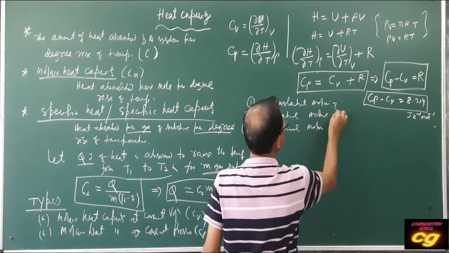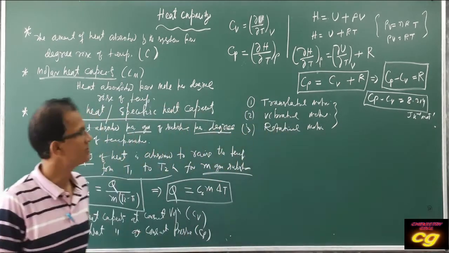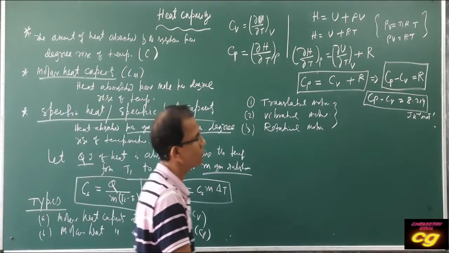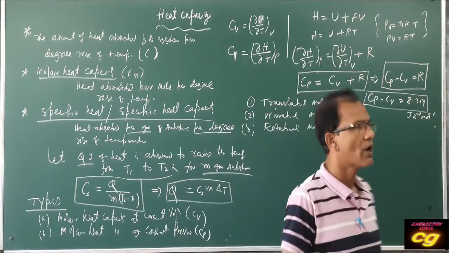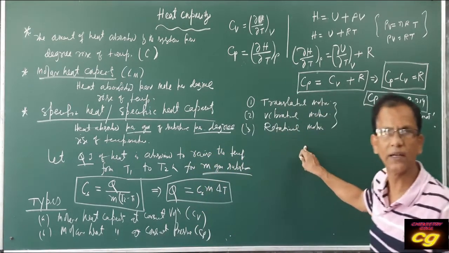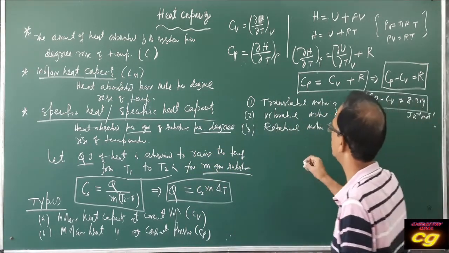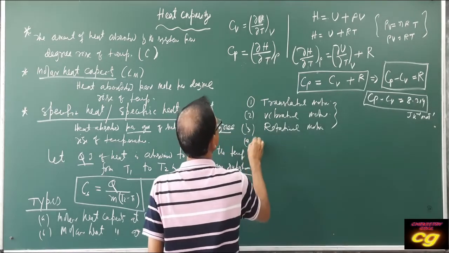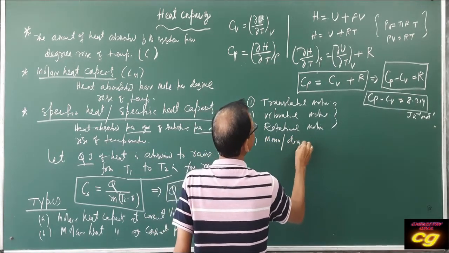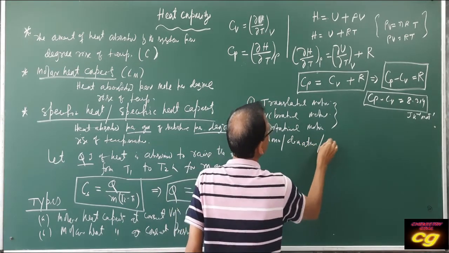So these three types of motion are important in the calculation of internal energy possessed by the system. It also depends upon the type of molecule. Types of molecule means what? It depends upon whether it is monoatomic, diatomic, or triatomic.